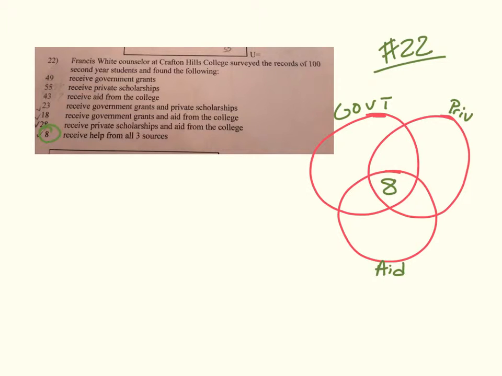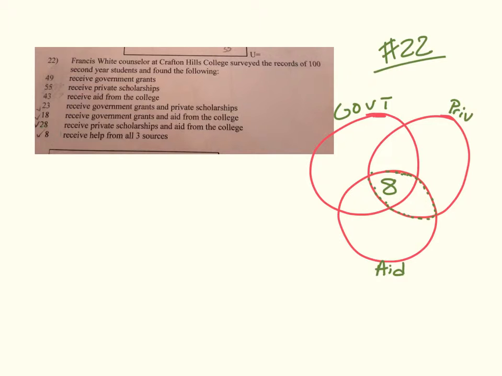Okay, the next piece of this puzzle, let me erase this, is that 28 receive private scholarships and aid from the college. The thing that's a little bit weird about this is the private scholarships and aid involve this entire piece.